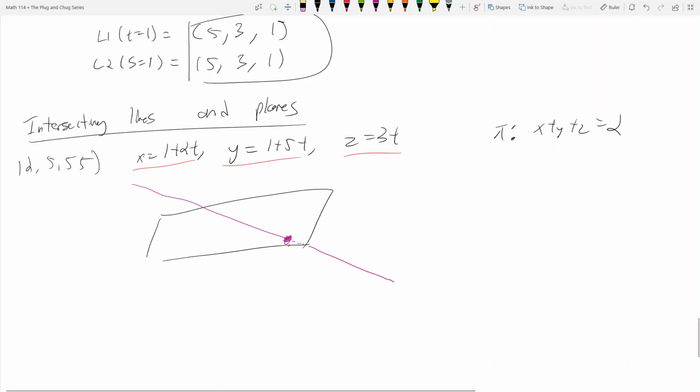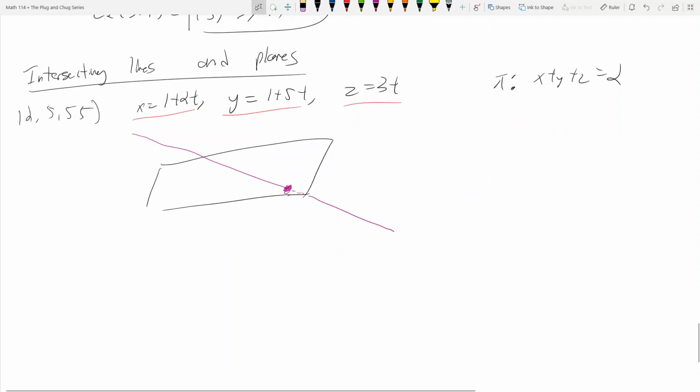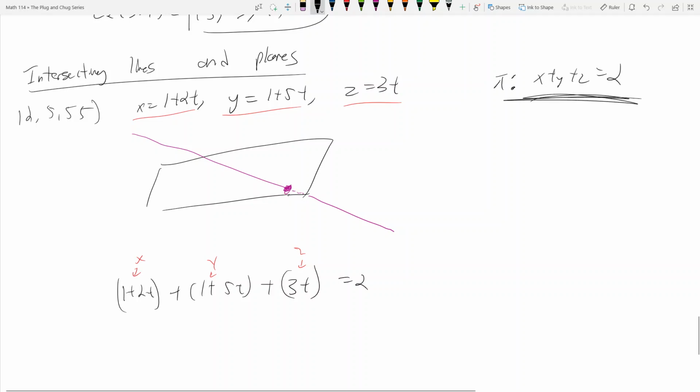So very simple. In this case, we've got 1 plus 2t, plus 1 plus 5t, plus 3t is equal to 2. So this is what x, y, and z are. I'm meant to have a different color here, so that would be x, y, and z. Again, that's because my plane equation is just x plus y plus z equals 2.